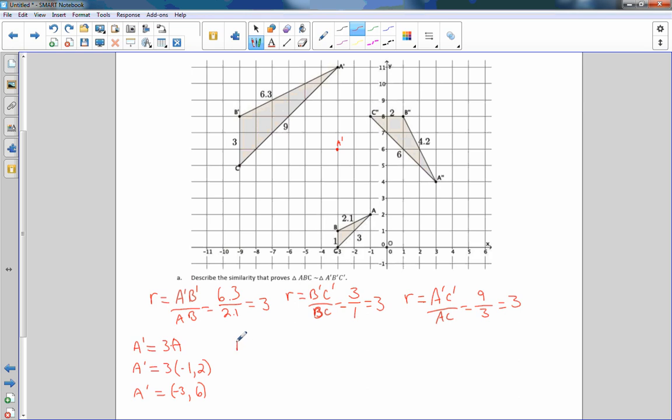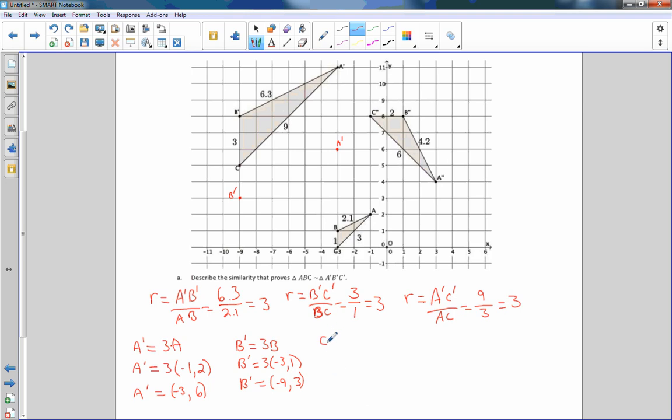Then I'm going to do B prime, which equals 3 times B. So B prime equals 3 times the point B, which was -3, 1. So B prime is going to end up at 3 times -3, which is -9, and 3 times 1, which is 3. So if I go over -9 up 3, this will be my B prime.